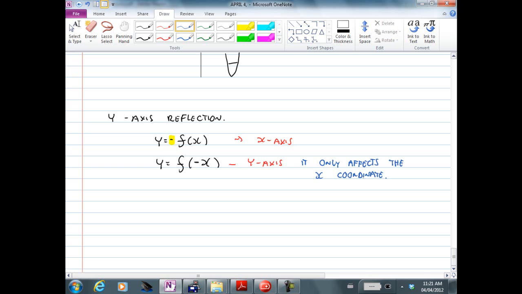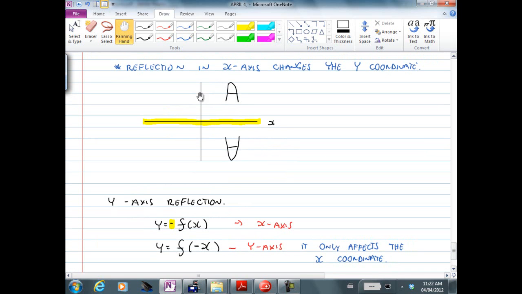Does the x-axis only affect the y-coordinate? Yep. It's kind of reversed. Okay, here's the reason why. I'm going to flip this A over the y-axis. Guys, if I flip this over the y-axis, draw it in. And if I flip it over, it'll look something maybe like that. Voila. Because I just flip it over.